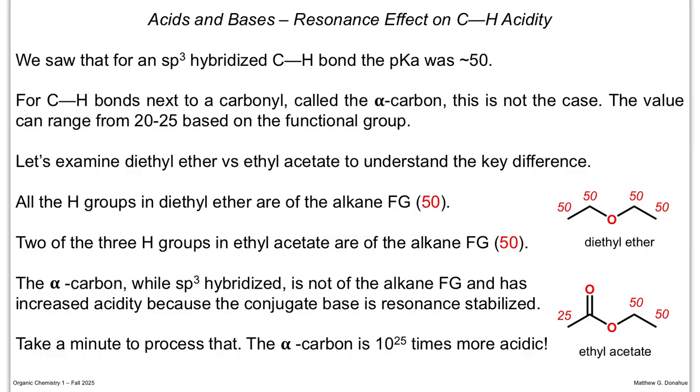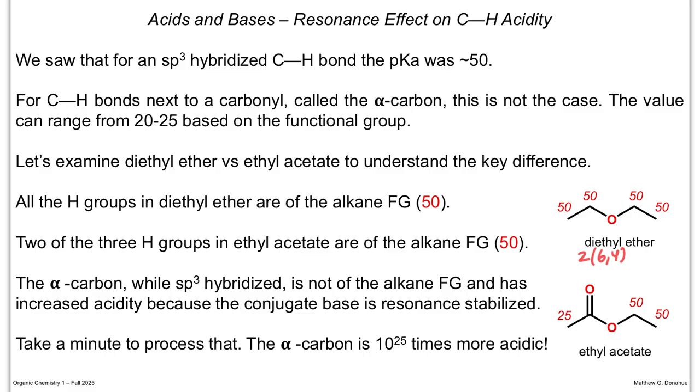To demonstrate that, we'll look at diethyl ether. This molecule has two unique sets of hydrogen in a ratio of 6:4. So you have 2 and 2, that's your 4, 3 and 3, that's your 6.